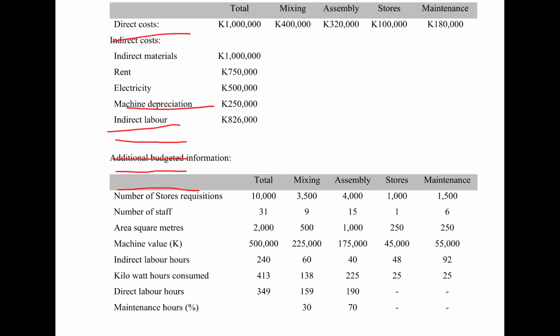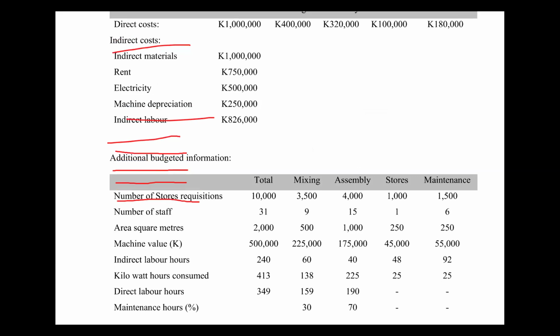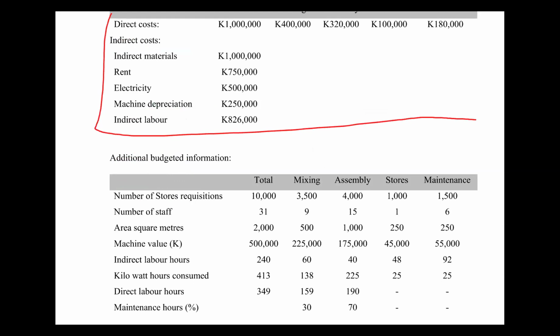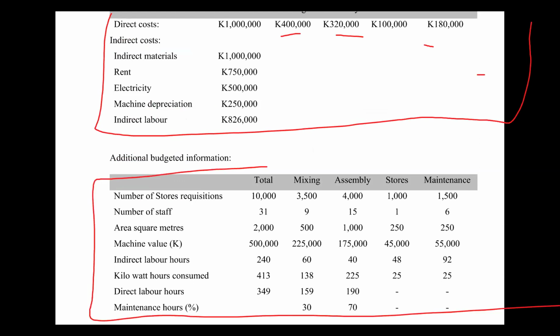Which cost are you allocating by kilowatts? The costs that you're allocating are on top, and these are the costs you are allocating to these departments, okay? But these are the bases of apportionment given to you. Which cost is most relevant to be apportioned by the kilowatt hours consumed? Electricity. Yeah, electricity. It is just that easy and very straightforward, as easy as ABC.